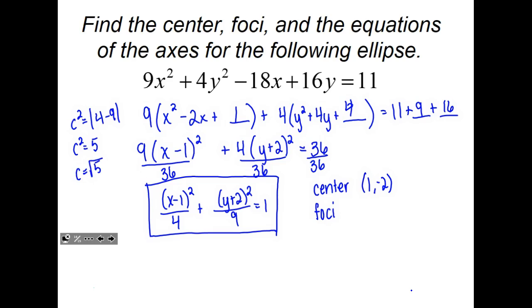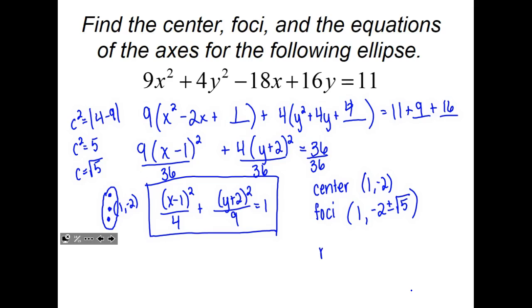The number underneath the y is larger here, so we're dealing with an ellipse that is taller than it is wide. Our center is right here at 1, -2, and so we are going to have foci that are above or below that center, so we're changing our y coordinate. So we take the center, 1 does not change, we'll have -2 plus or minus the square root of 5 will give us our foci.